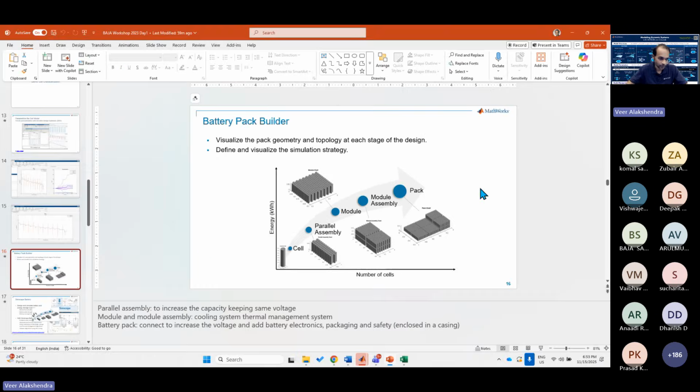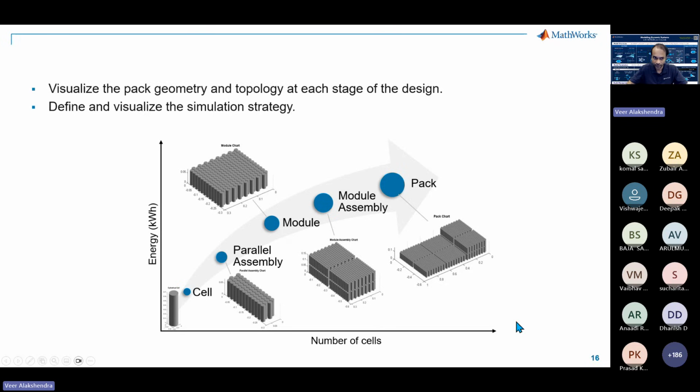We have understood that you have a battery pack, you can define the parameters and your battery pack is all set. But in the pack, you have different configurations, like N series, M parallel.